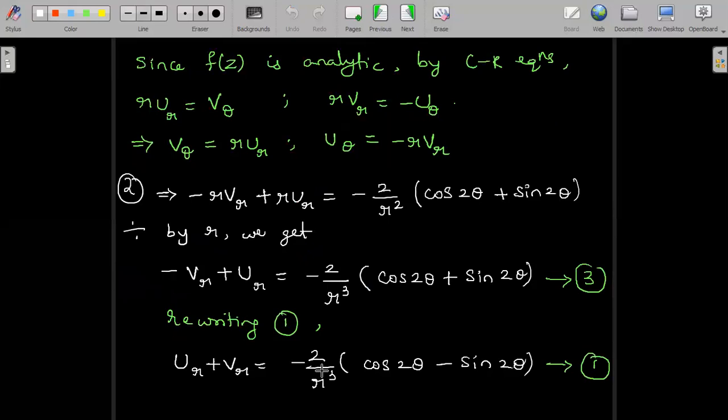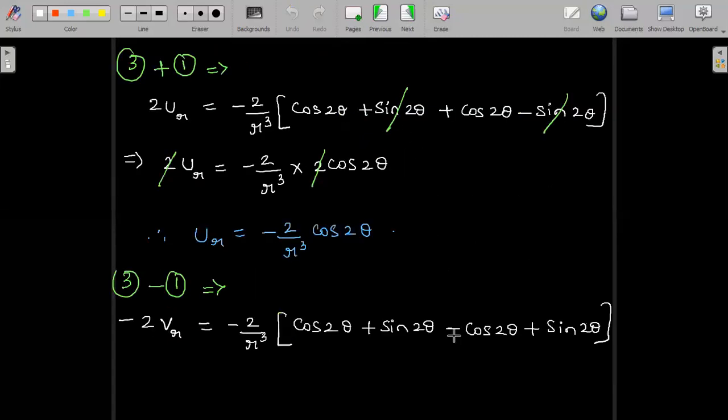And then we have minus 2 by r cube common. First I wrote cos 2 theta plus sin 2 theta as it is, minus of equation 1. So minus of equation 1, when we perform, it is minus cos 2 theta plus sin 2 theta. And now we observe that in the cos 2 theta term, one is positive, the other one is negative, which get cancelled.